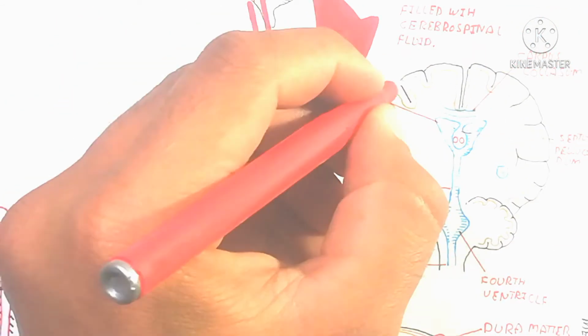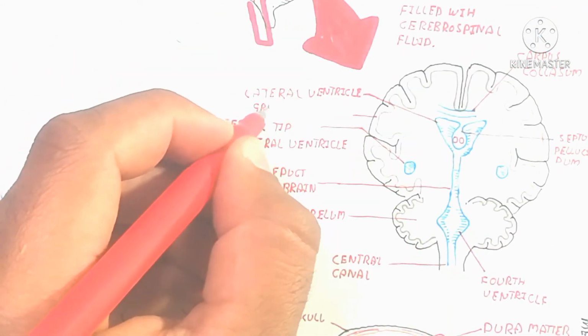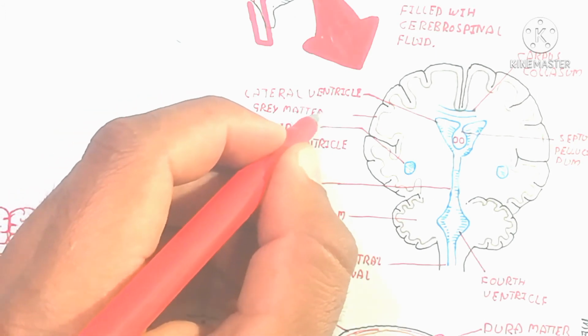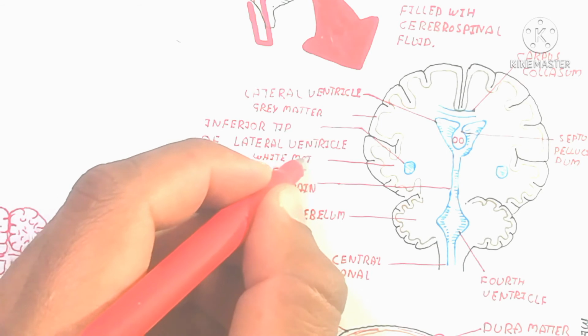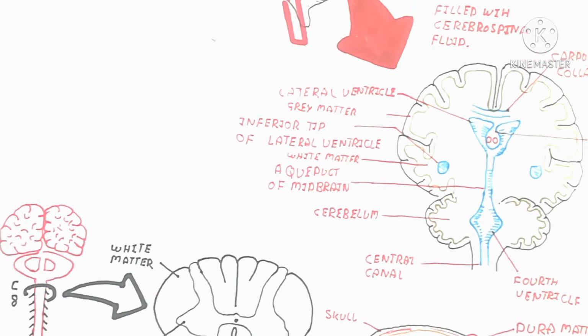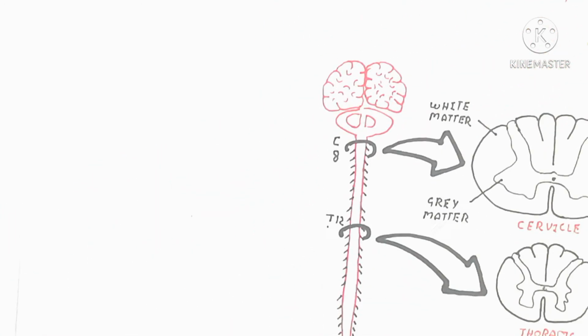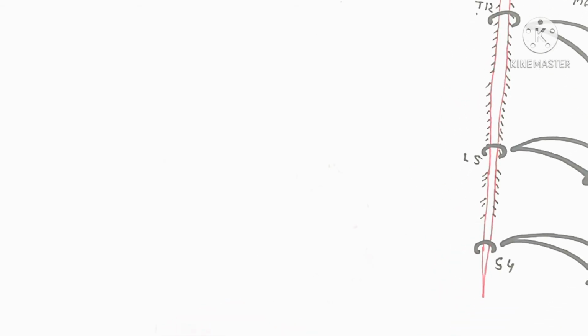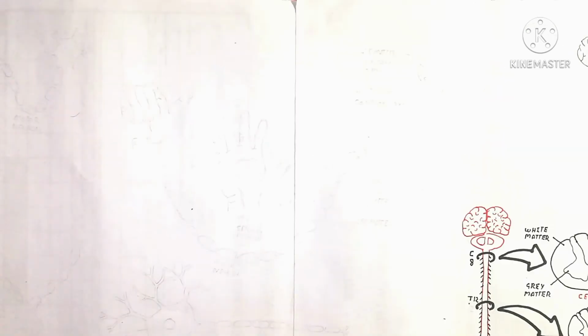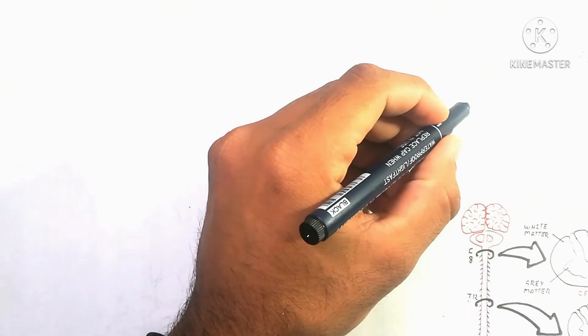What I want to say is that the gray matter contains the soma, the cell bodies of the nerves. On the other hand, the white matter mostly contains axons, but it is not necessarily so, as nerves are also present in the gray matter. Next we will discuss the central nervous system and peripheral nervous system.